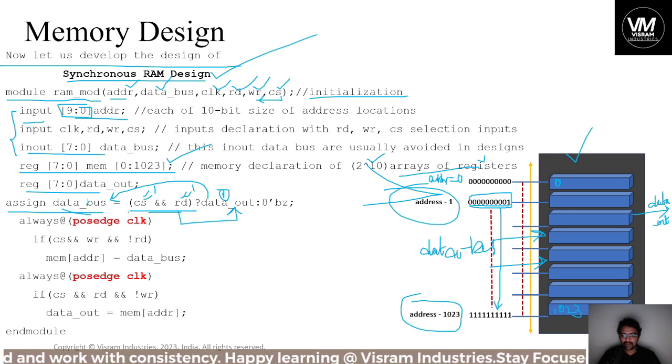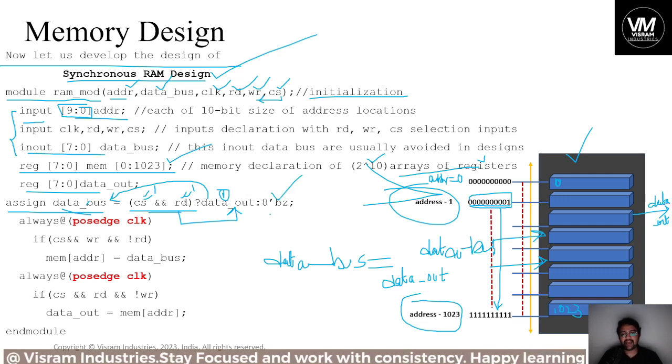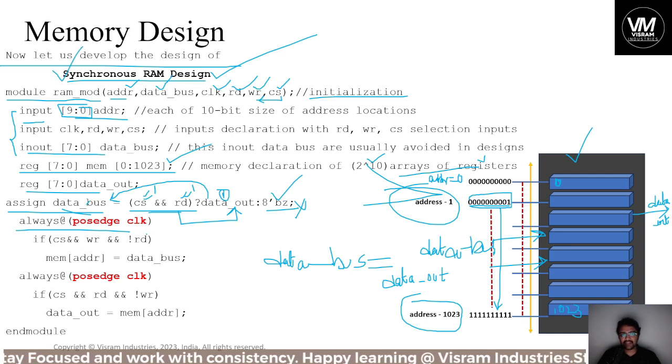Or else it is open, high impedance. Always at the posedge of the clock. Synchronous means it is considered with the clock; it relies on the positive edge of the clock.